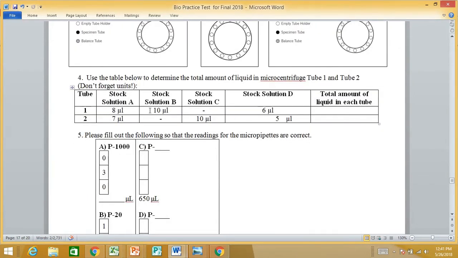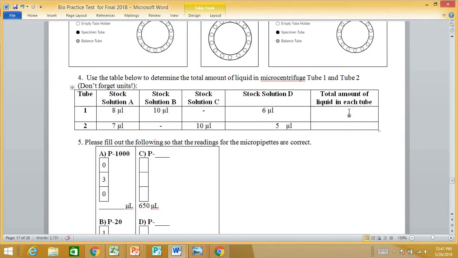Now, determining the amount of liquid in microcentrifuge tube 1 and A. How would you do that? Well, you add in 8 microliters plus 10 microliters plus another 6. And then your total amount here is going to be 24 microliters, right? You're simply adding those together.